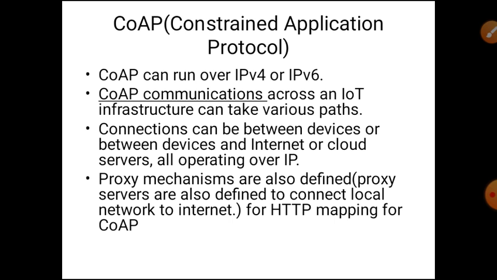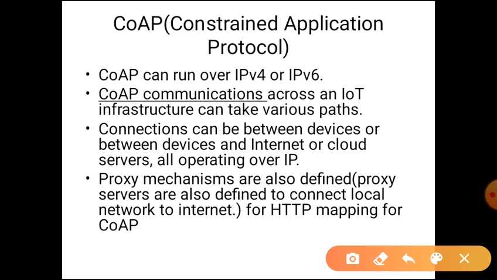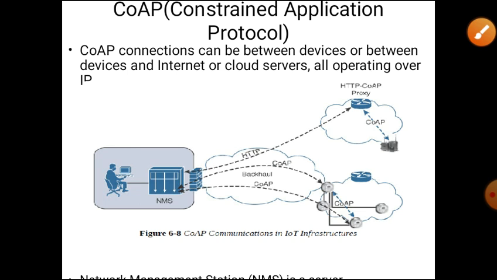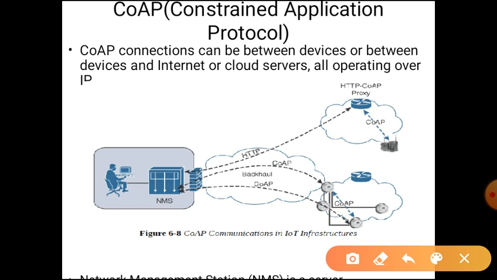And coming to the working, CoAP has been designed in such a way that it can run over both IPv4 as well as IPv6, and it can take various paths, such as between IoT devices, or between a device and a server, or you can also have a proxy mechanism. Proxy can also be defined. So that is what is indicated in this diagram. CoAP connections can be between IoT devices.